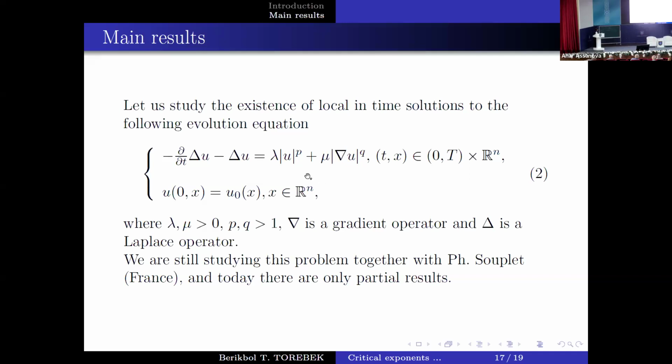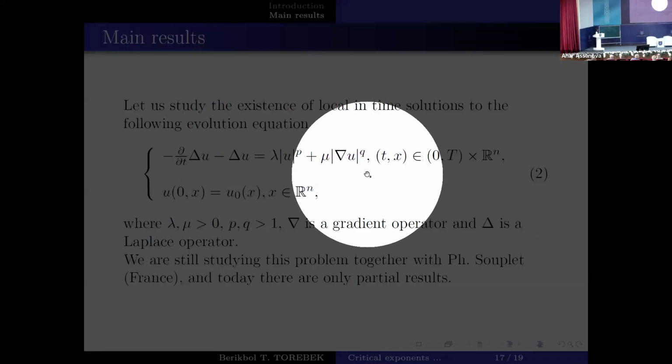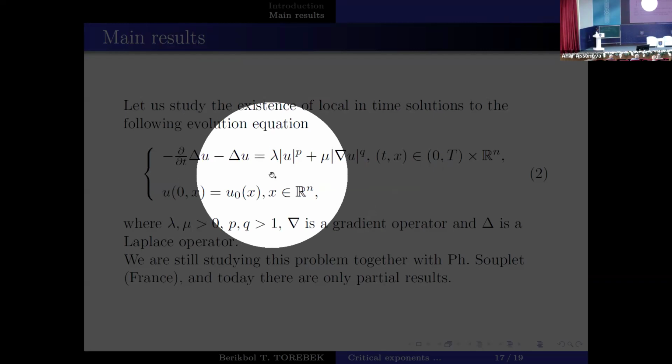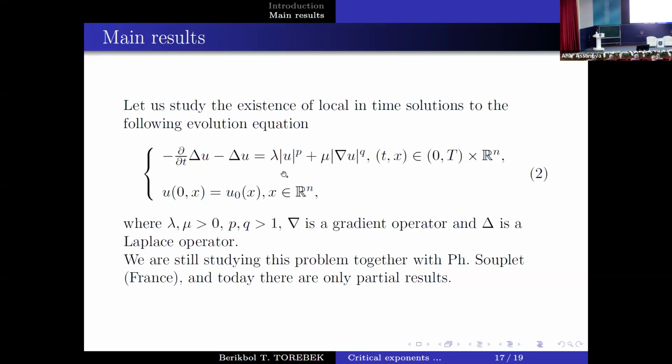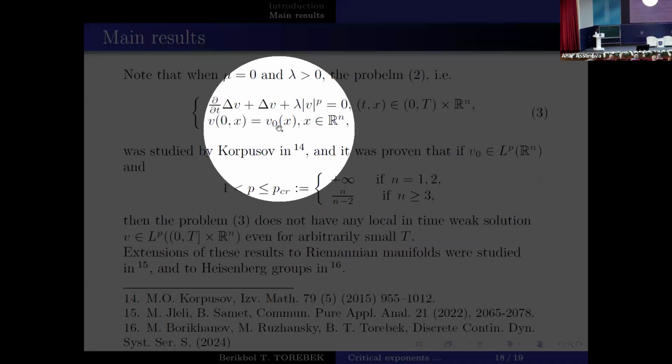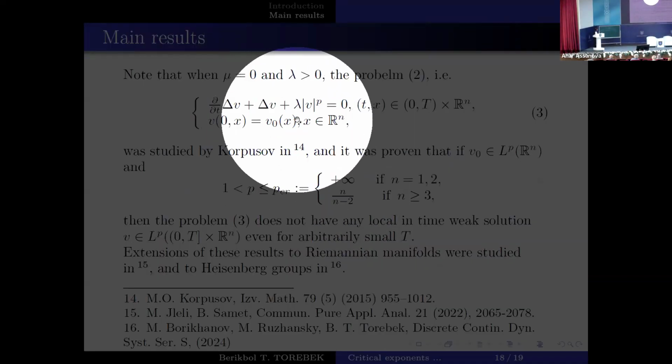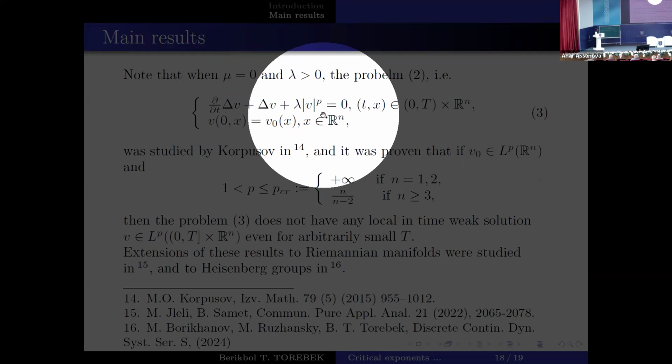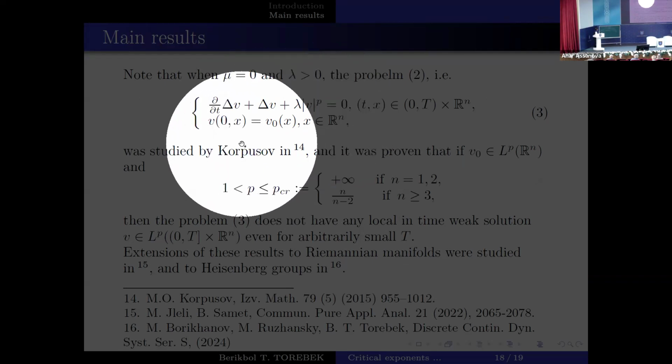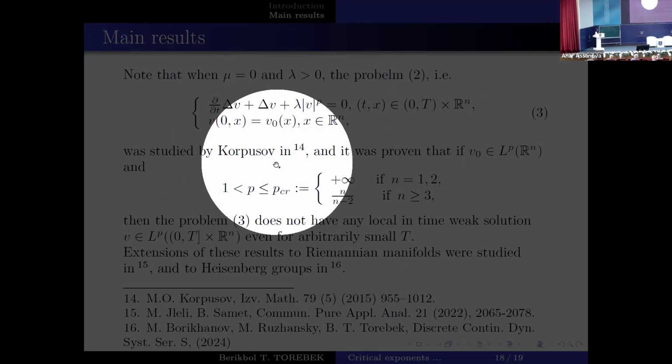We consider this kind of Sobolev type equation with combined nonlinearity also. Now we are studying this problem together with Philippe Souplet. And for now, we have only some partial results. This problem, when we consider it without forcing term, was first studied by Korpusov, a Russian mathematician.